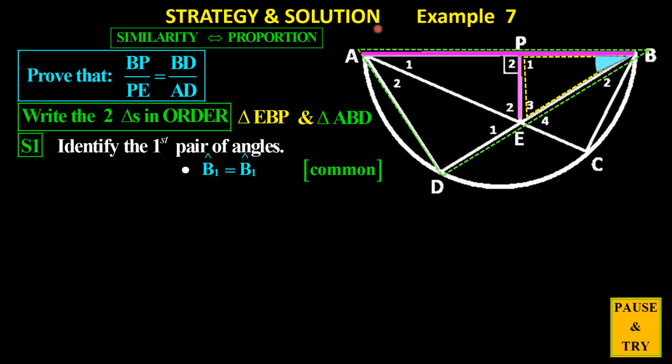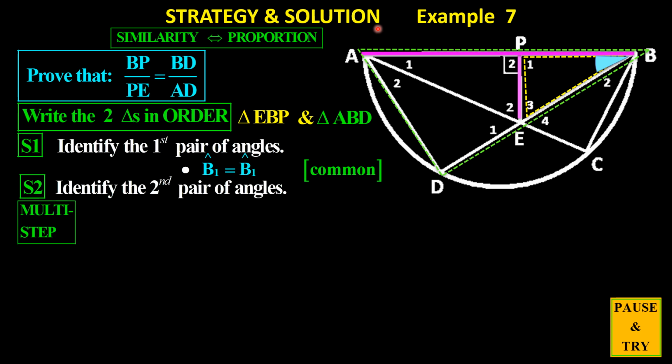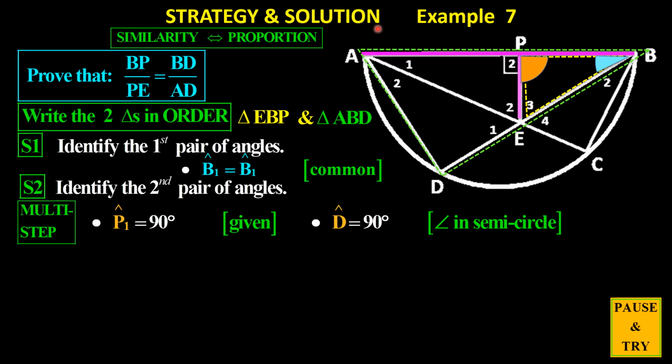Let's see what's the given information. We need to get a second pair, and we see that P1, how big is P1? P1 is 90, right? And we look at the other triangle. Do we see a 90 in the other triangle? Yes. Angle ADB, or angle D, is also 90. Why? Angle in a semicircle. So let's identify that. So there we have our two pairs of angles equal.